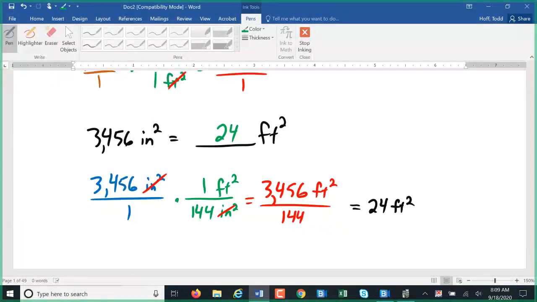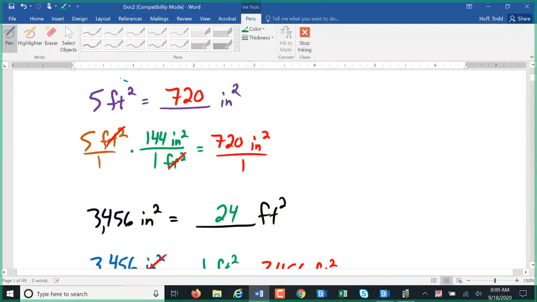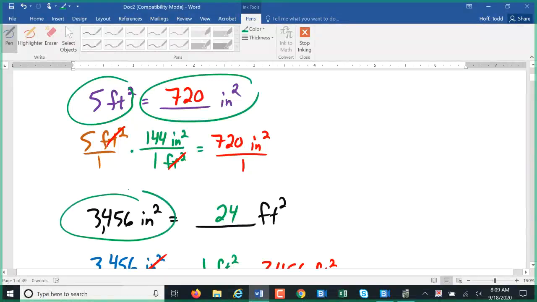But again, because it's an area unit, because it's a squared unit, those conversion factors are squared, and the numbers shrink very quickly if you go to a larger unit, or get large very quickly if you go to a smaller unit. Only 5 square feet was 720 square inches. And over 3,456 square inches became only 24 square feet.